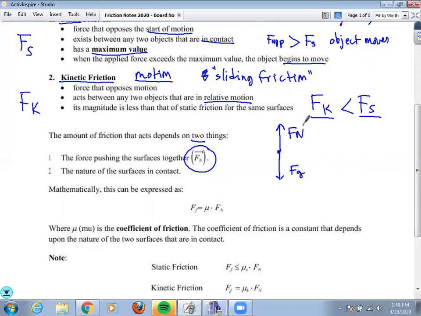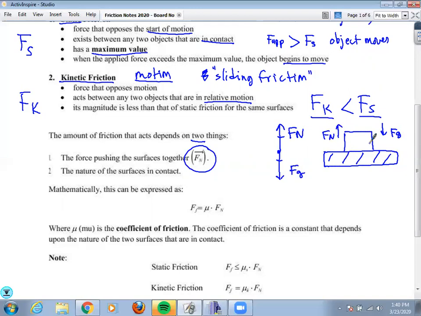So F_N is the reaction force to the weight pulling down. If you have a crate on a table, the weight pulls down, the normal force pushes up, and there is no relative motion between the two objects.